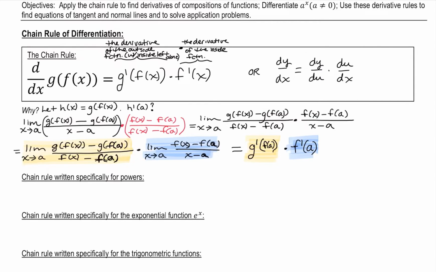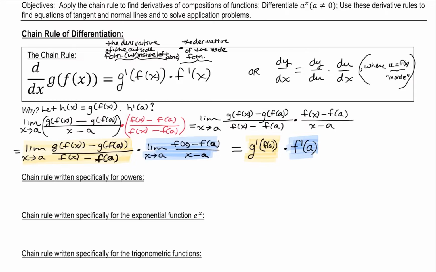In this situation, y is your outermost function, and u is your inside function, where u is equal to some function of x. So this is your inside function. Okay, so that's what you have there.